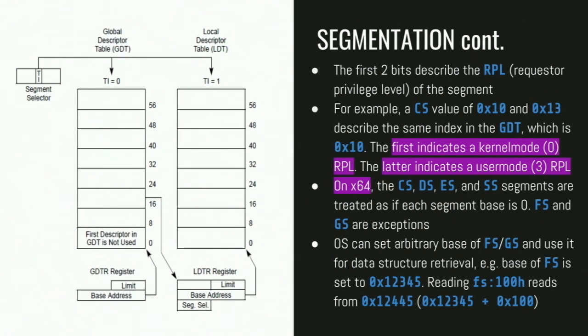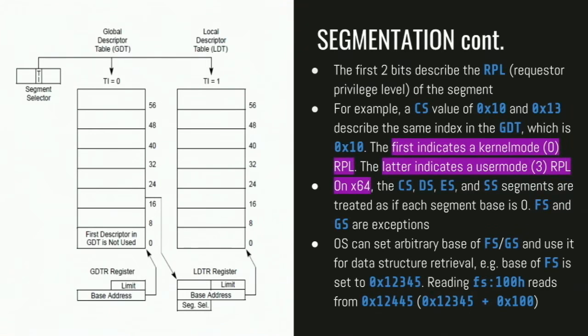Assuming I'm an OS developer and I want to read kernel mode data structures, I can set the base address of FS to be, for example, 12345. So when I read FS:100, I'm actually reading from the linear address 12445.